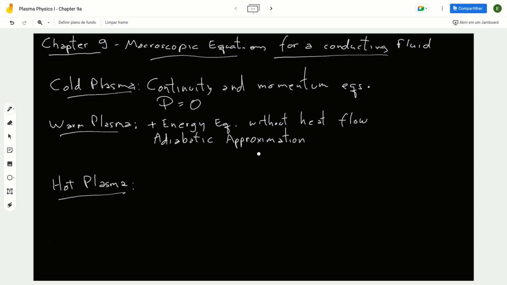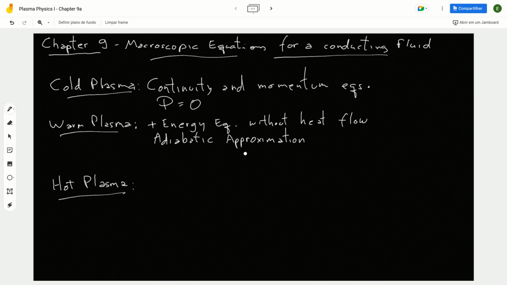And you have a zero thermal conductivity. There's no viscosity in your plasma, and if you think about the pressure tensor, there are no terms outside the main diagonal, so there's zero outside the diagonal, and the terms in the diagonal are all equal.